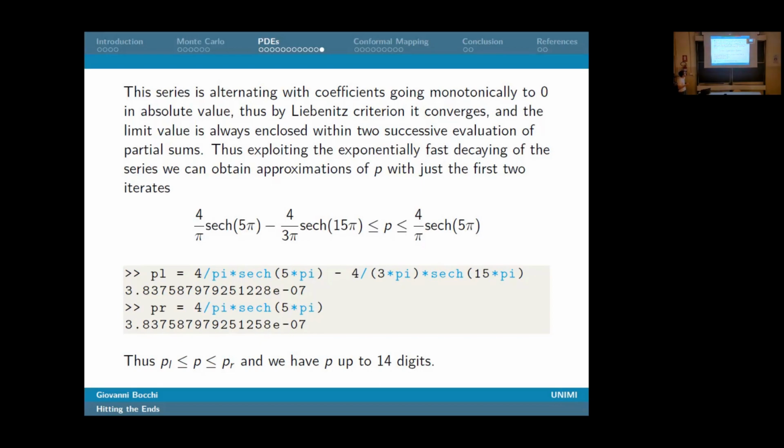So we see that they agree at least until the 14th digit. So we're happy. In this case, we obtained 10 and even 4 more significant correct digits.